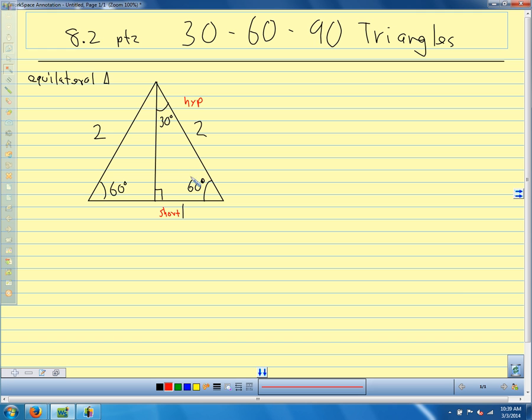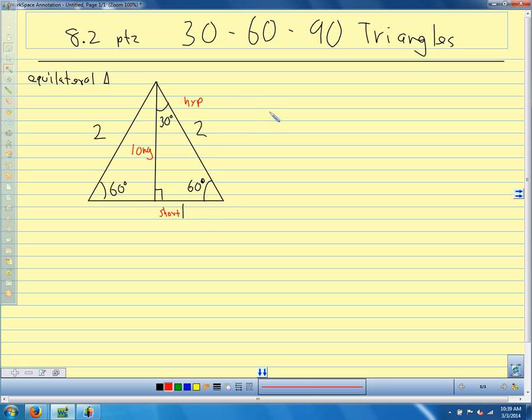And the side across from the 60-degree angle, we're going to call the long side. So just starting off, what do we see? How are the short side and the hypotenuse related in this particular one? The hypotenuse is how many times bigger than the short side? 2. Because we're cutting this side in half.